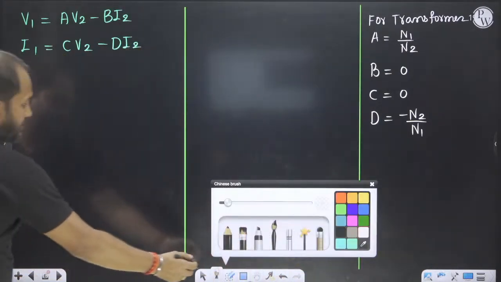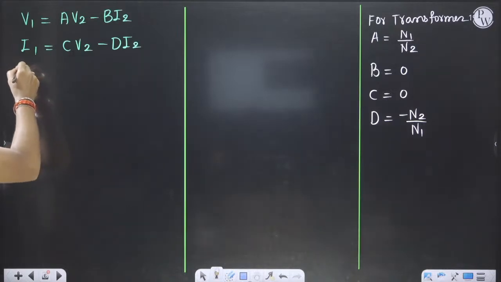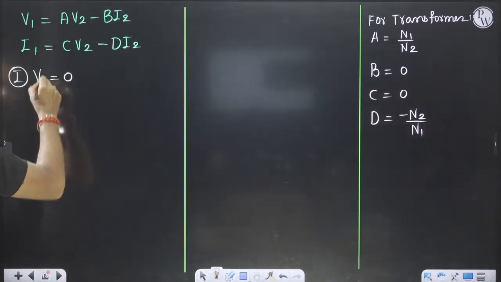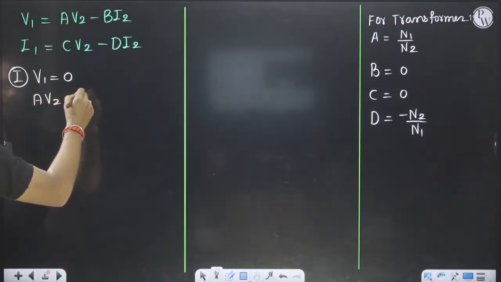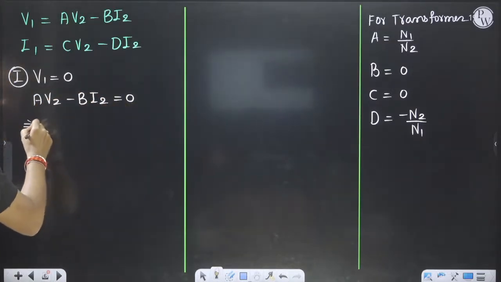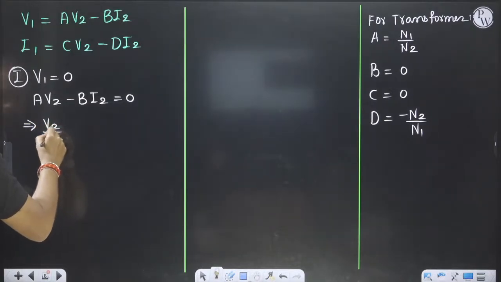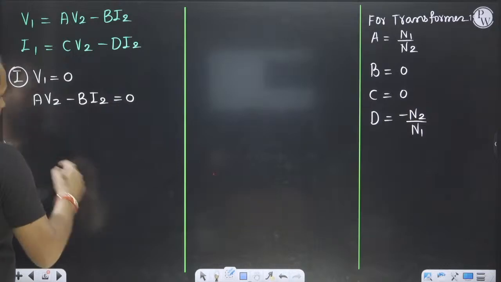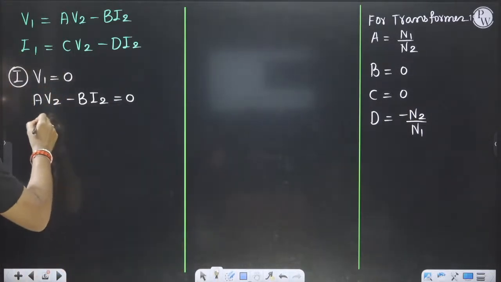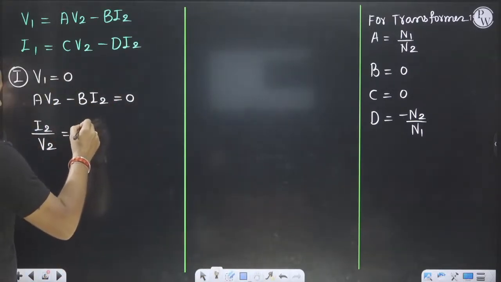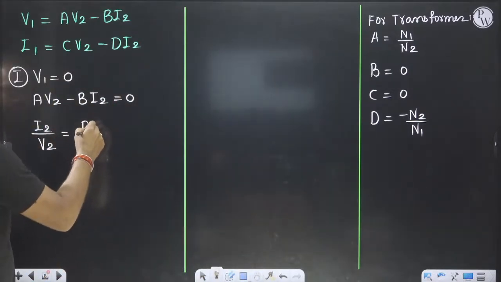First case, V1 is equal to 0, which means A V2 minus B I2 is equal to 0. That means I2 by V2 is equal to A by B.